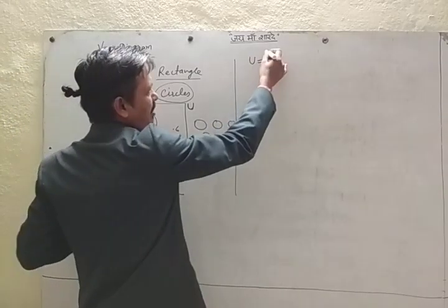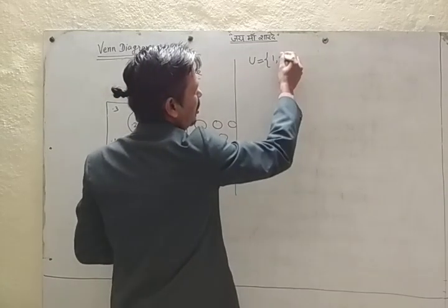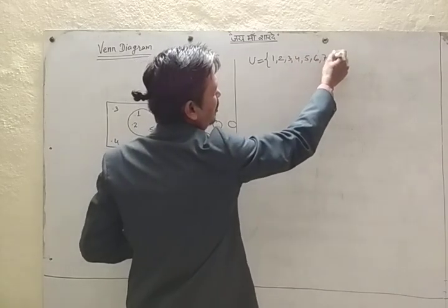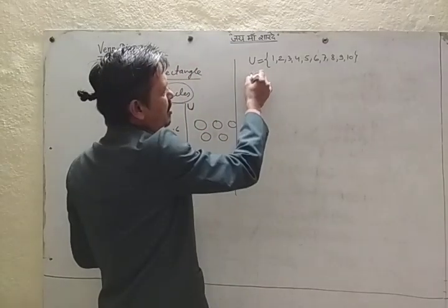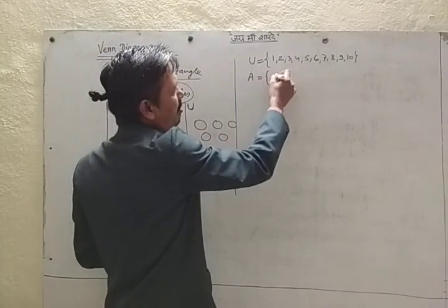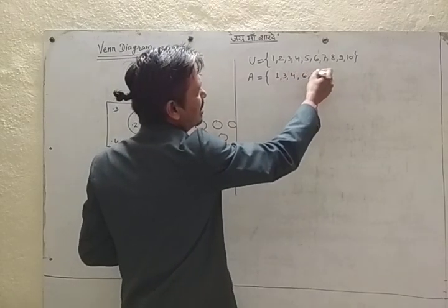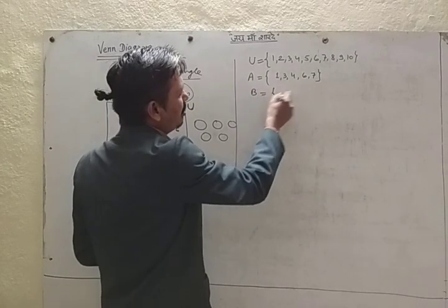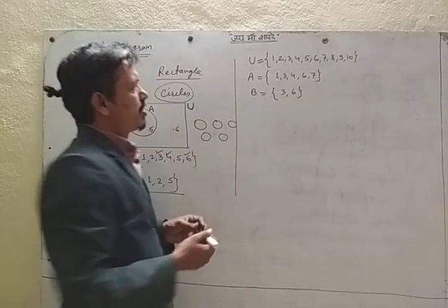U has elements 1 to 10, or we can write 1, 2, 3, 4, 5, 6, 7, 8, 9, 10. Its subsets are A having elements 1, 3, 4, 6, 7, and one more subset B having elements 3 and 6. ठीक है?